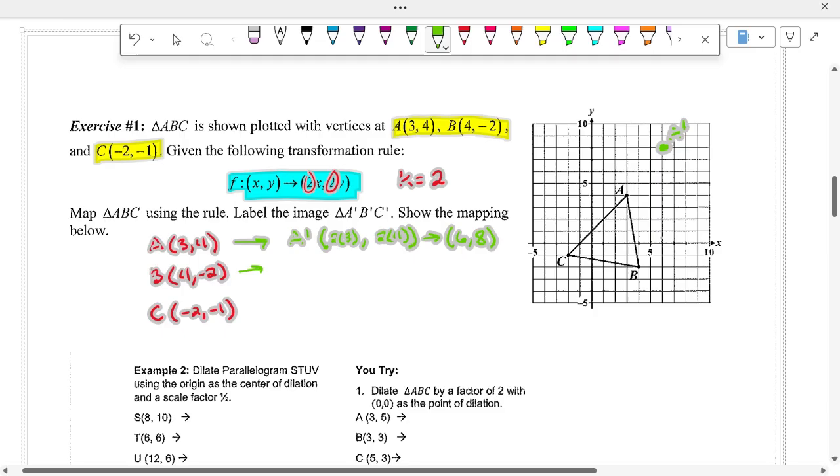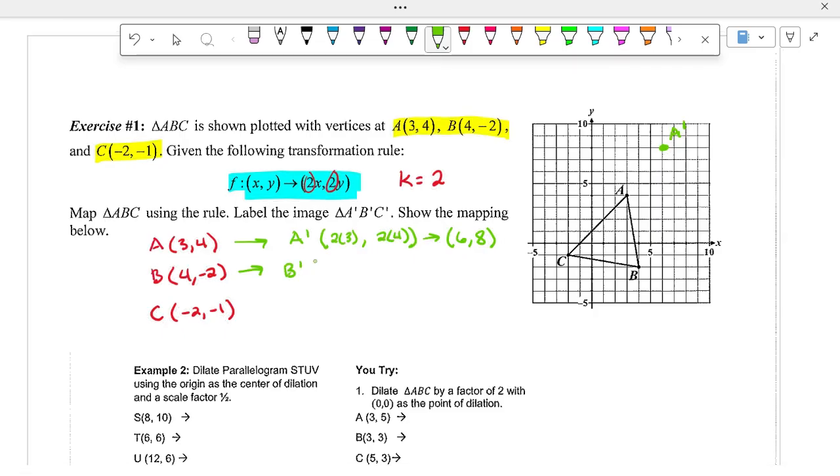B prime, we would do the exact same thing. We're multiplying the 4 and the negative 2 by 2. So I have 2 times 4, 2 times negative 2. So someone besides Ephraim, what's your new point? 8, negative 4. So B prime would be at (8, -4).